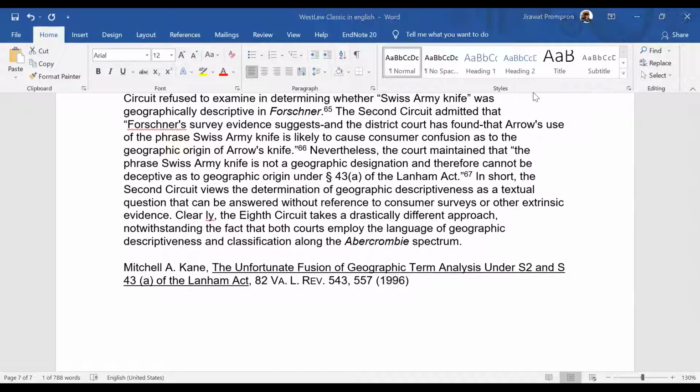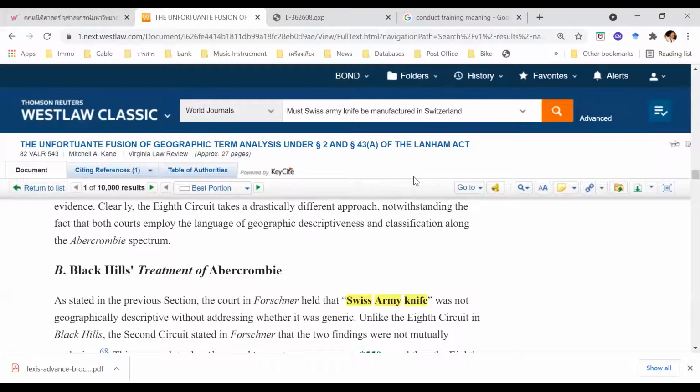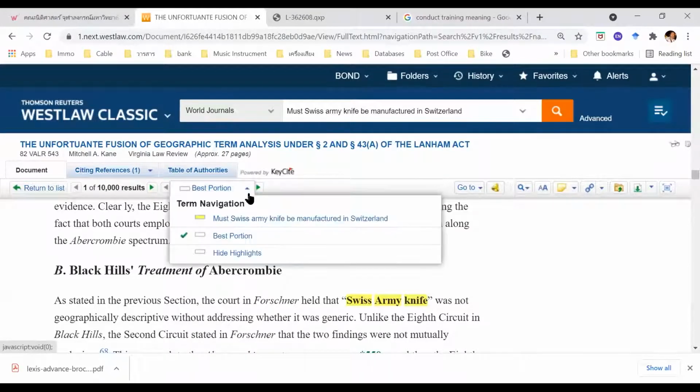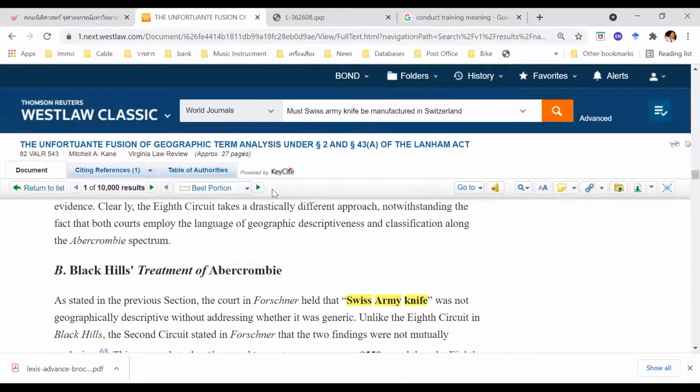So back to Westlaw first. Now you got this one, the page portion. So this one is really to navigate you to the highlighted text, the same as you type. So when you look through it, you need more information about it.